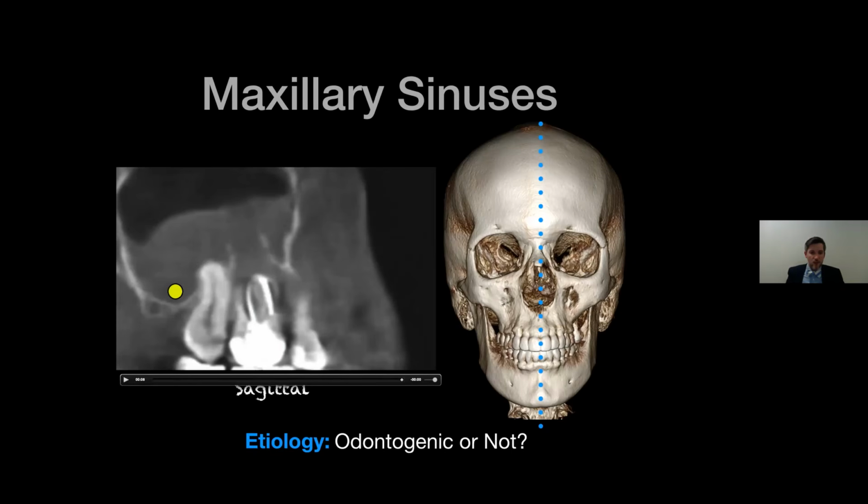But let's trace the maxillary sinus floor. We see the sinus floor here, and then it is actually blown open here from this large periapical lesion, and it has caused an erosion and a break in the sinus floor.